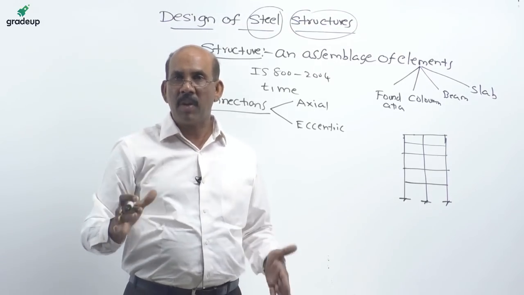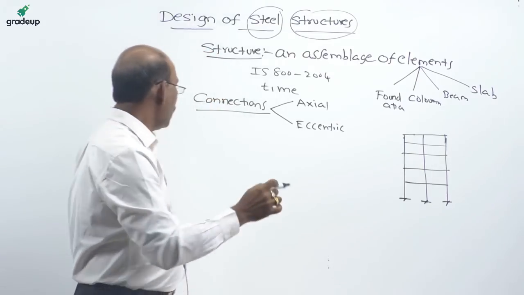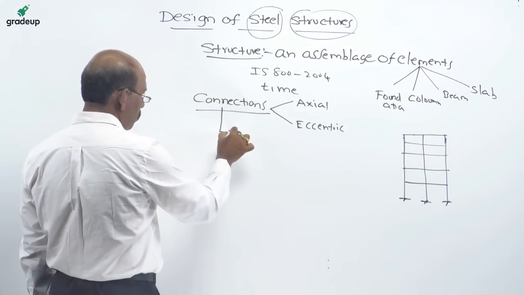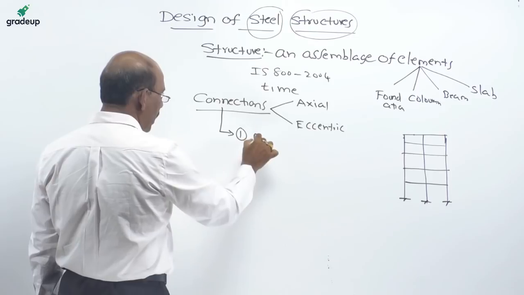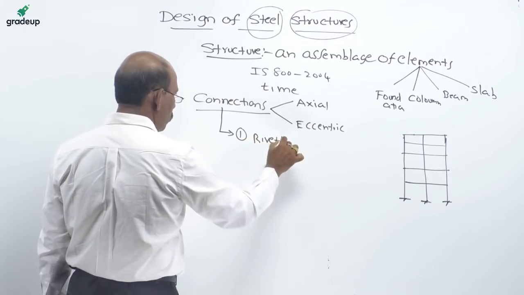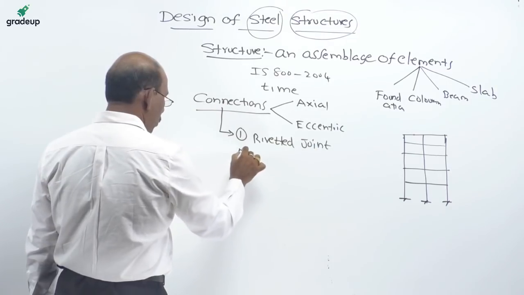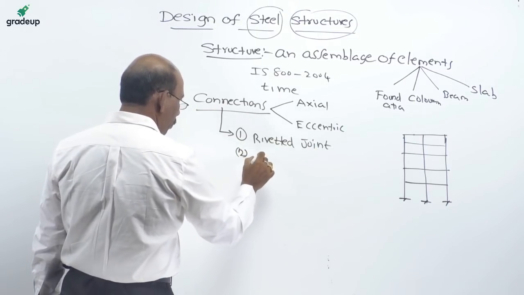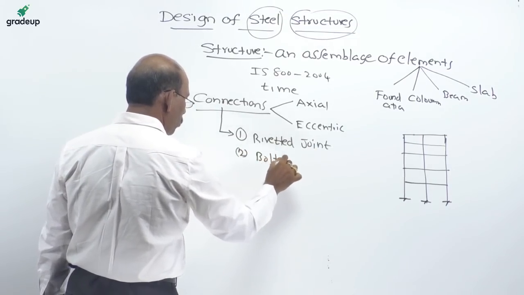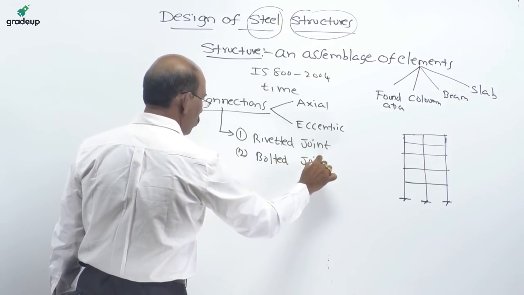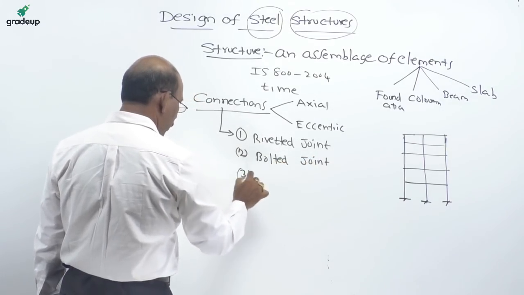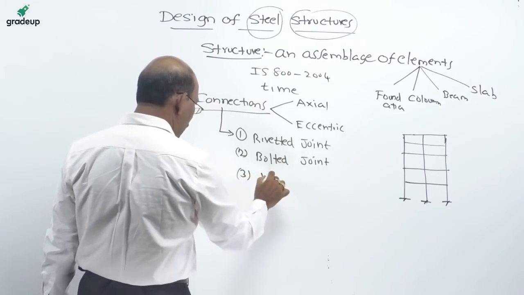And the types of connections in steel structure: one is the riveted joint, the second one is the bolted joint, and the third one is the welded joint.